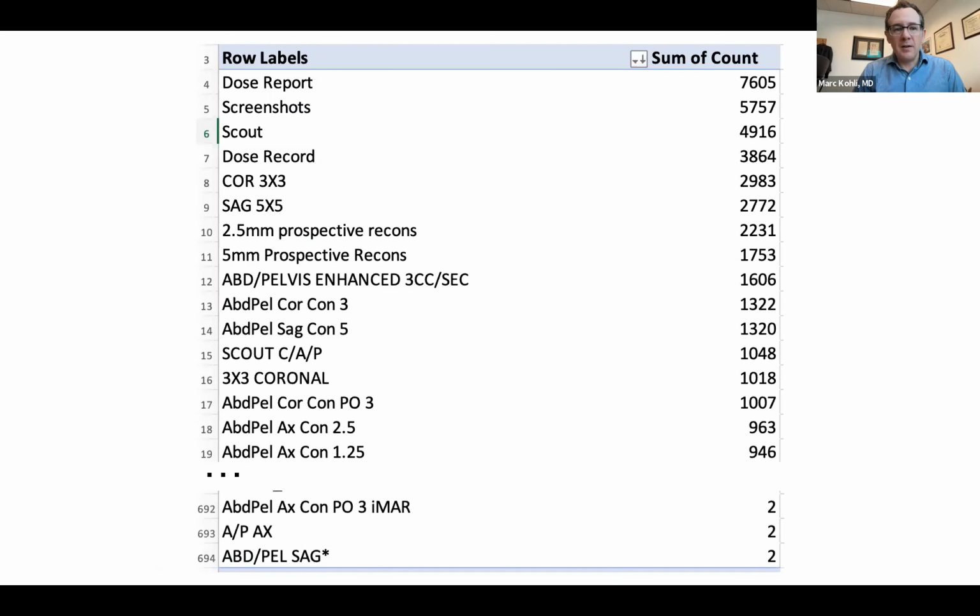This is a screenshot from a pivot table summary of some audit data that we have. You can see that this is just for two months' worth of CT abdomen and pelvis with contrast. And you can see that a lot of the series descriptions that are baked into the scanners, like dose reports and dose records, have really high frequencies.